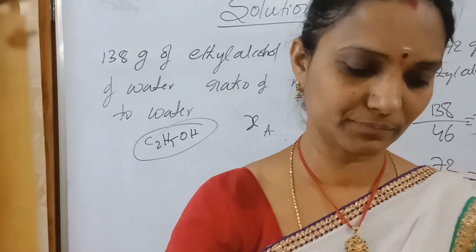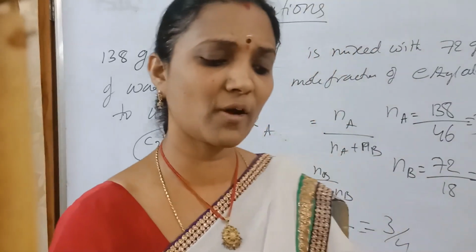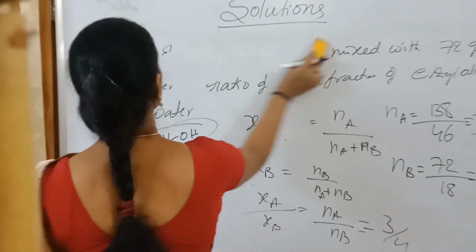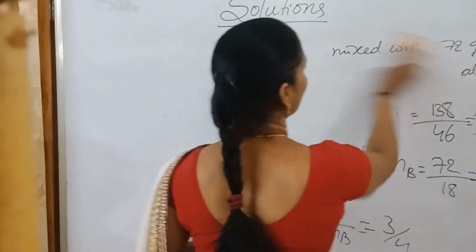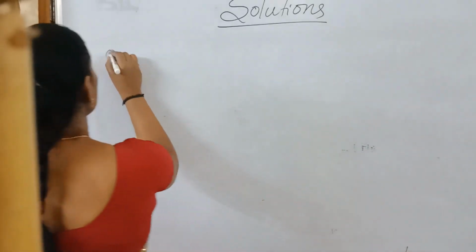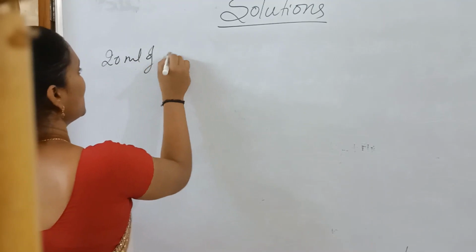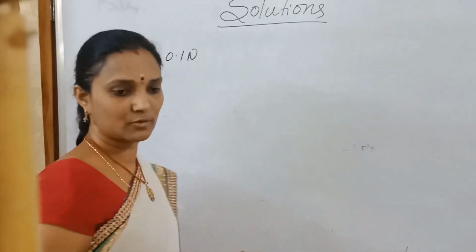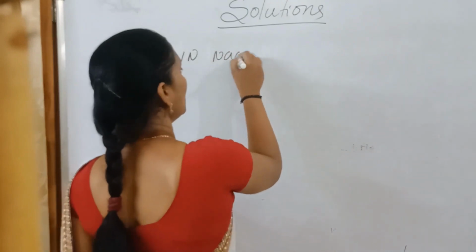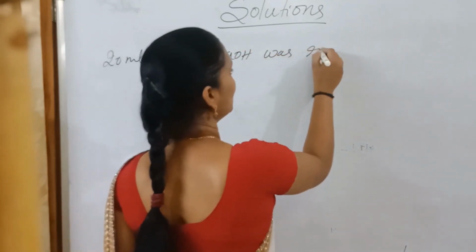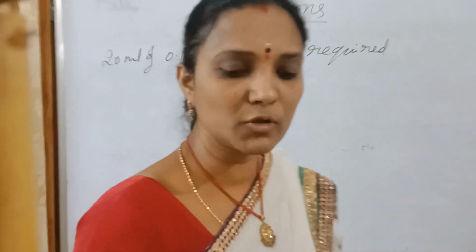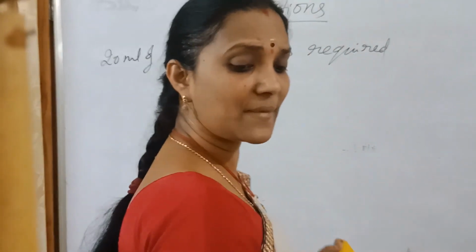Next problem. 20 ml of 0.1 normal NaOH, normality given, was required to neutralize a solution of a dibasic acid.